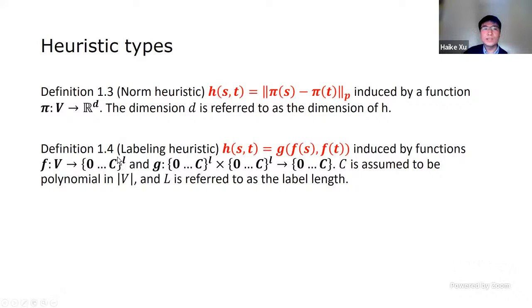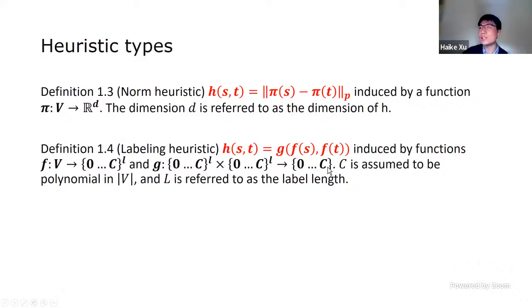Then definition 1.4 is what we call a labeling heuristic. For labeling heuristics, first we also design a function f projecting each vertex to a high-dimensional vector with length L. And then we use a mapping g to map a pair of vectors to a length, the estimated distance lower bound.